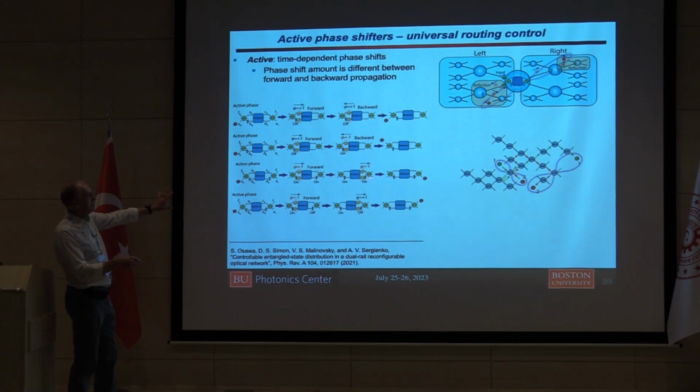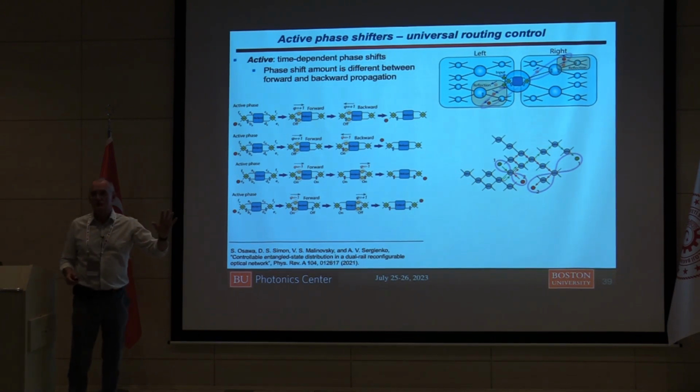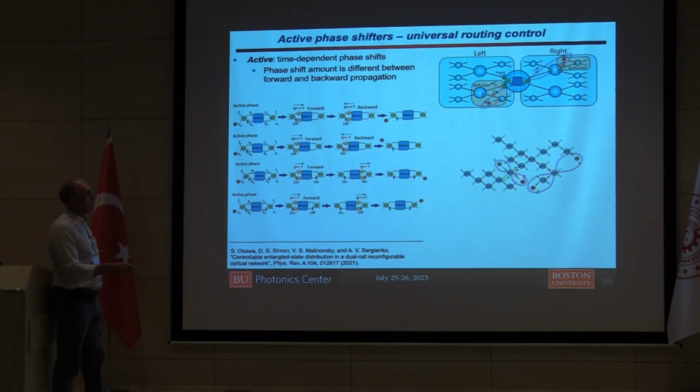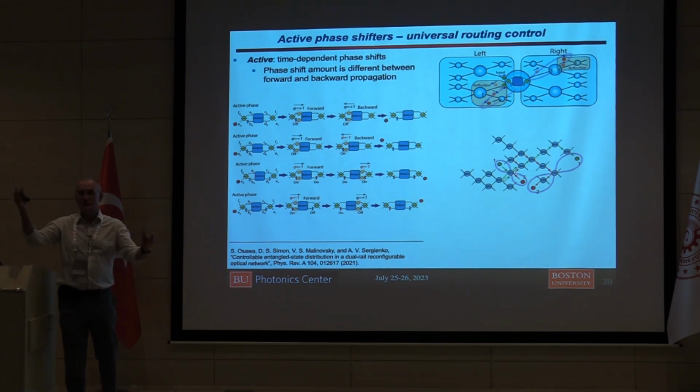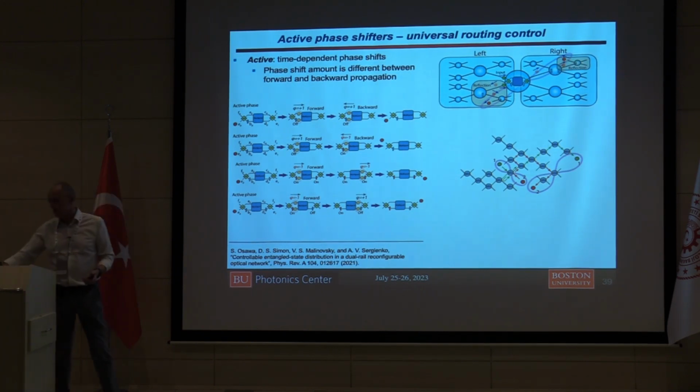Remember, the linear phase shifts do not alter the quantumness of the state. It's linear. So when 1 and 2 are entangled here, we can make sure that 1 will go to this node, 2 will go to that node, but these two distant nodes still will be entangled. It's a distribution of the entanglement in the network.